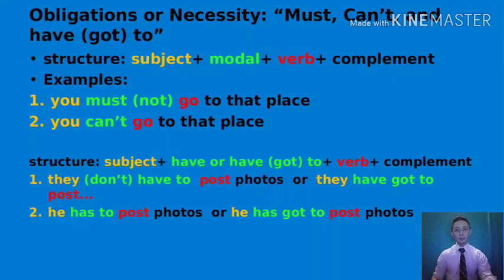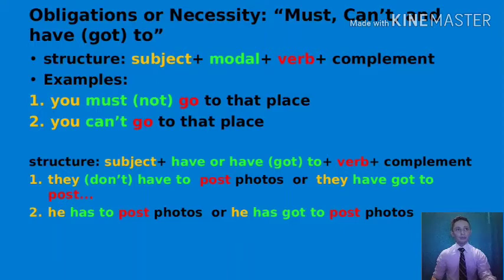Example number 2, you can't go to that place. When we use these modal verbs, we are saying that you definitely can't go to that place. It can be, I don't know, dangerous, so you can't do it.